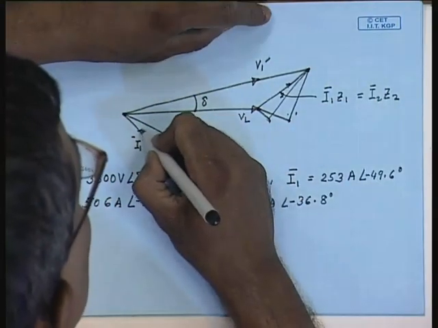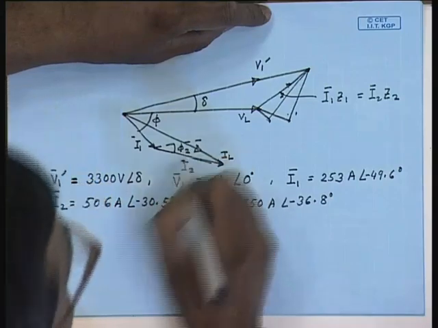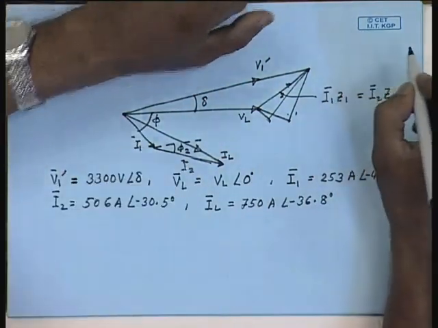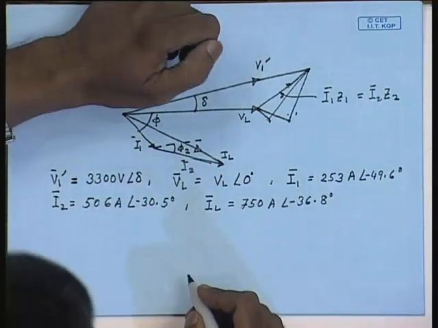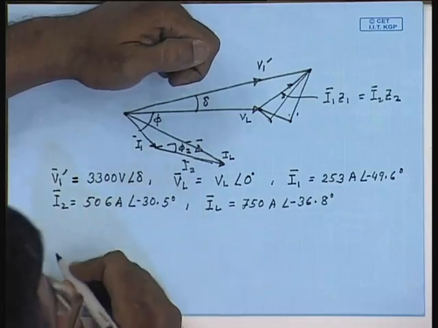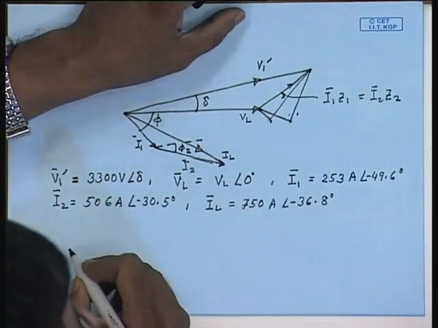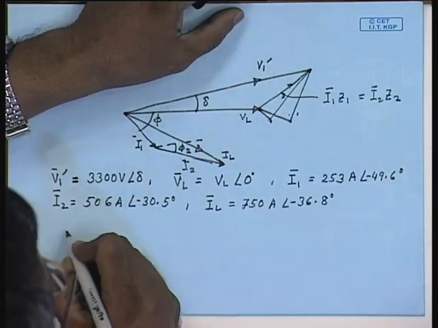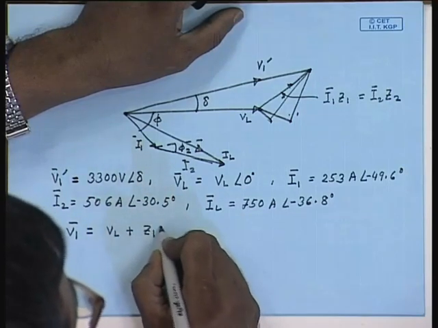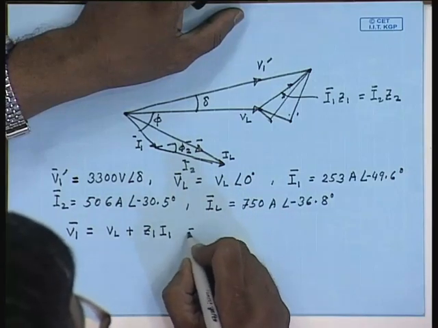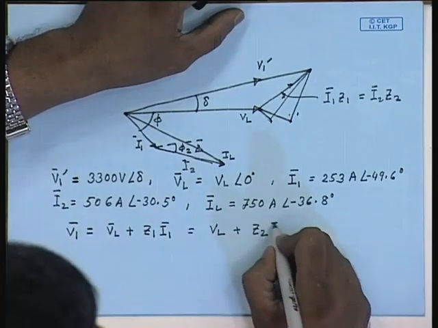Now, if this angle is phi 1 and this angle is phi 2, then we can write V1 dash equal to VL plus Z1 I1 equal to VL plus Z2 I2.